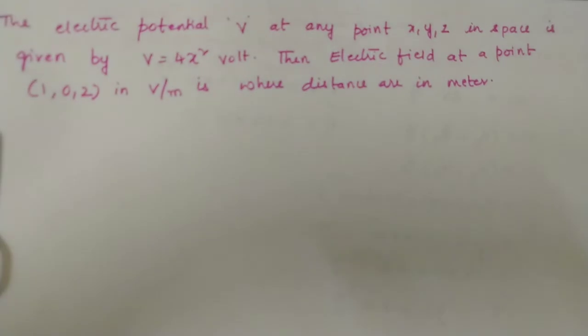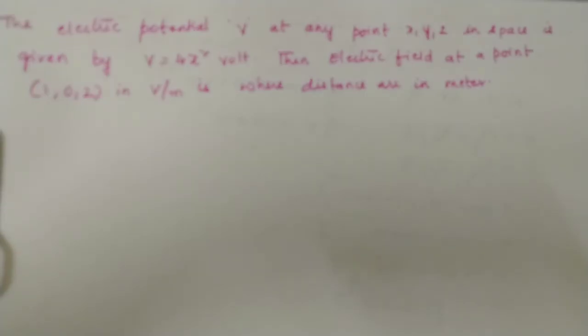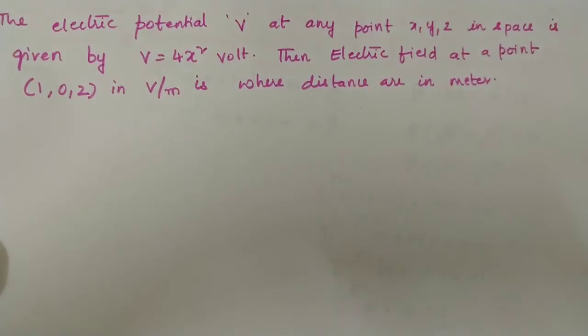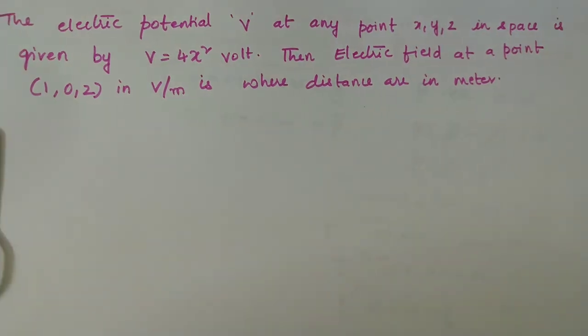Okay, now coming to questions which are related to electrostatic potential and field. See, in this question, they are giving you that electrostatic potential varies according to the equation V is equal to 4x square, and then you are asked to find out the electric field at (1, 0, 2), and distances are measured in meters.